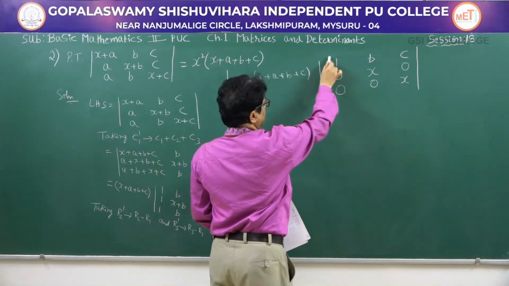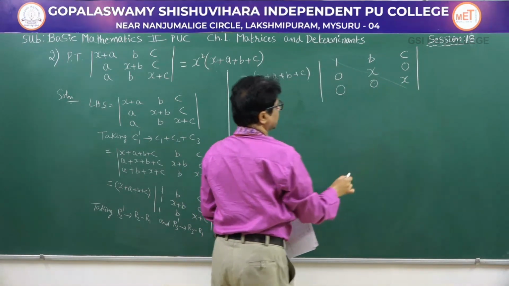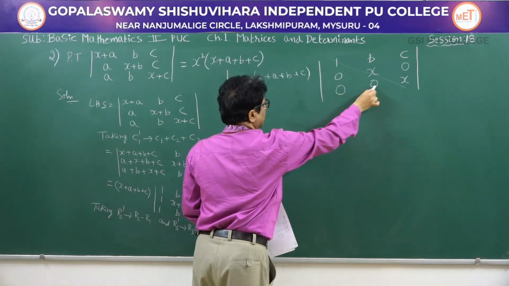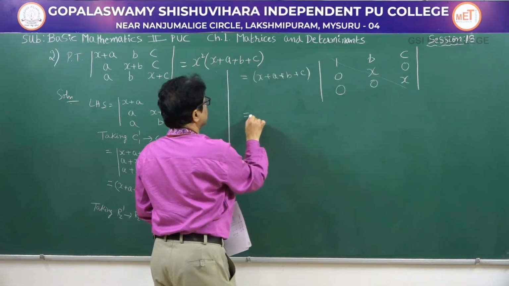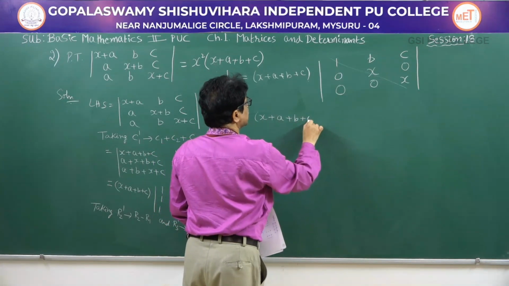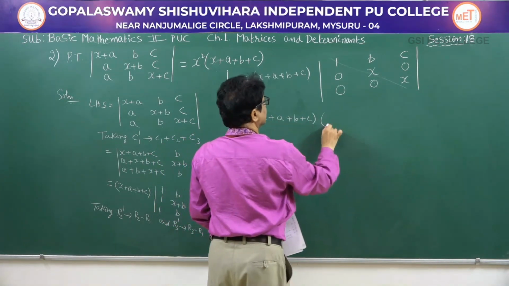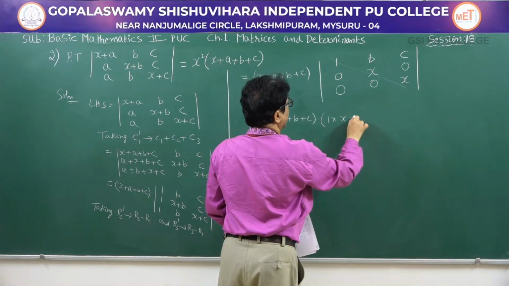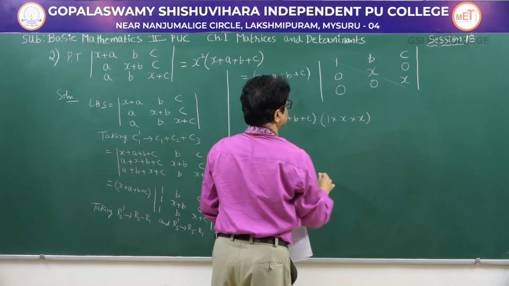If we observe here, on one side of the principal diagonal, the elements are all zeros. Therefore, the value of the determinant is nothing but the product of the principal diagonal elements, that is 1 into x into x.